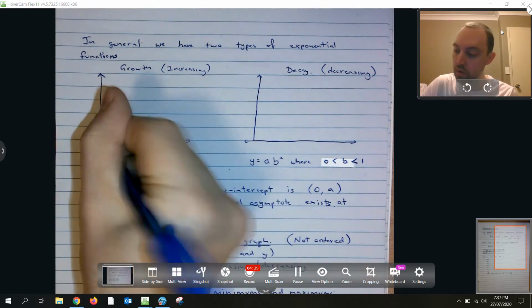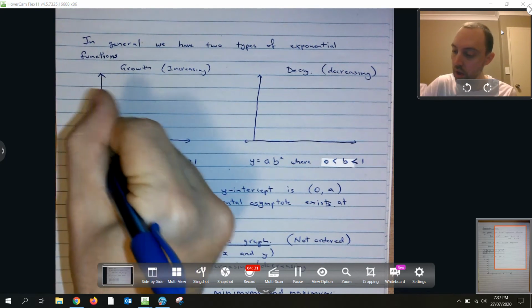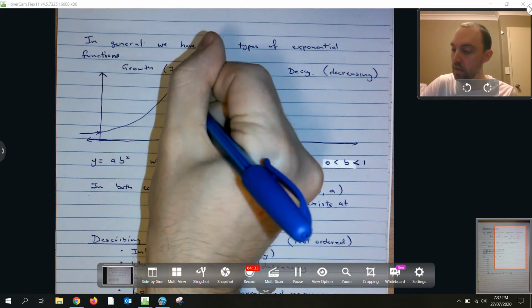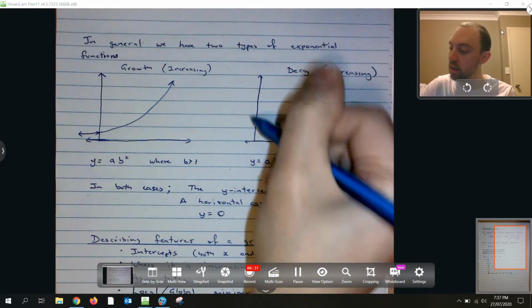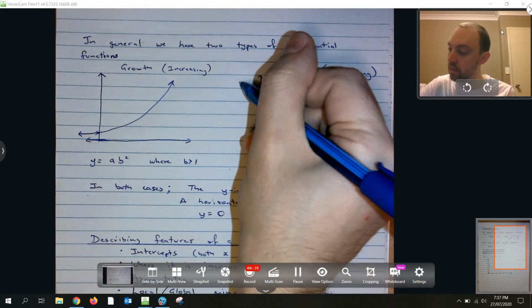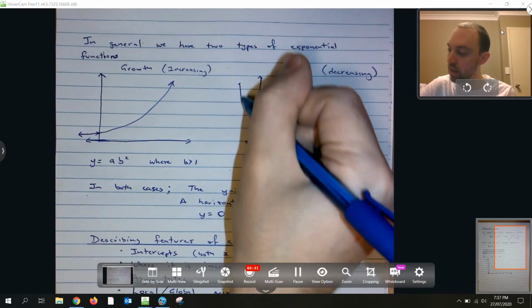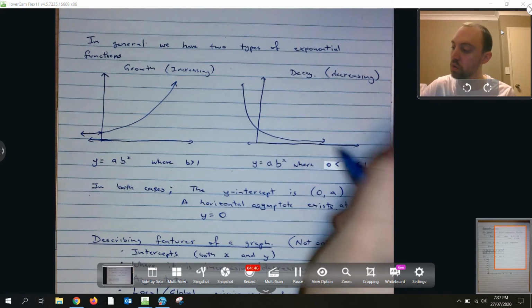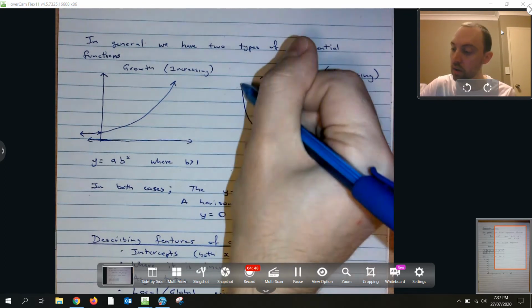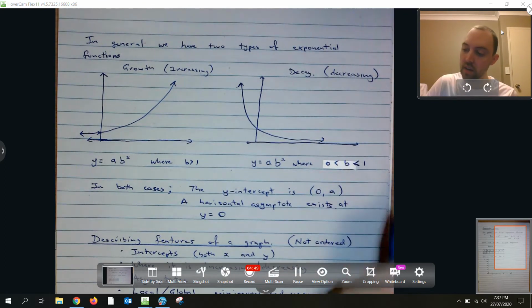Growth is going to look like it's increasing very fast, and decay starts off this side quite high, and then as it hits this value, it gets closer and closer and closer to 0, but never actually touches.